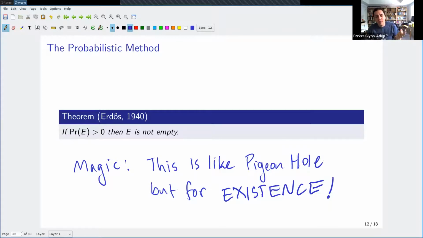If we can show that the probability of something is not 0, then it actually happens somewhere. Existence arguments are often complicated, but this lets us do it just with counting. So we're going to see a couple examples. We're going to see one example of this, and we're going to do it 2 ways. But yeah, this is the big tool, this really powerful method for proving existence.